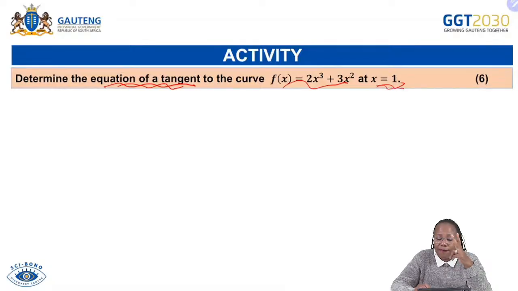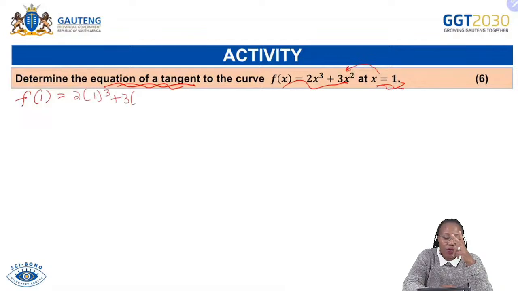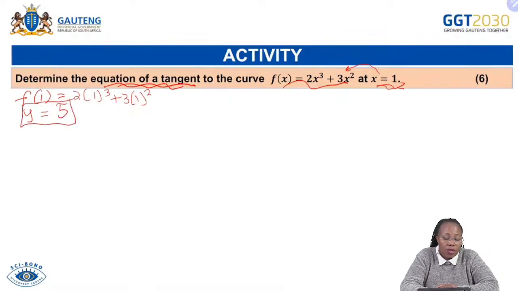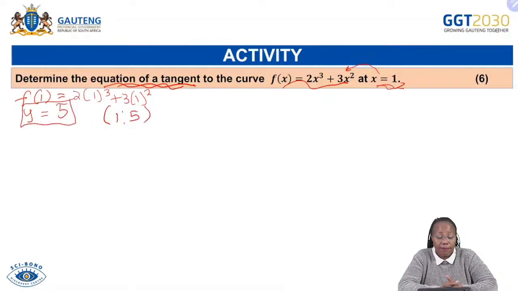To get the y value, you substitute this into the original and you'll have your y value. Then we'll be looking at f of 1, which is 2 times 1 cubed plus 3 times 1 squared. This will give us the y value, which is 1 cubed is 1, times 2 is still 2, plus 3, which is equal to 5. Then this is y. So this is the coordinate (1; 5). That's the first thing. We have a point.